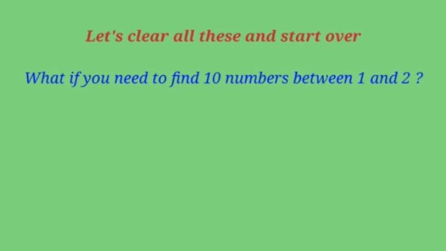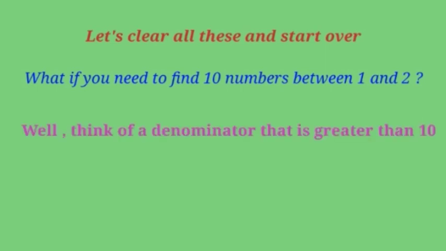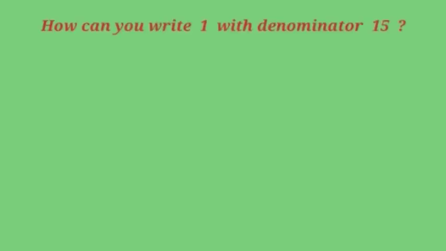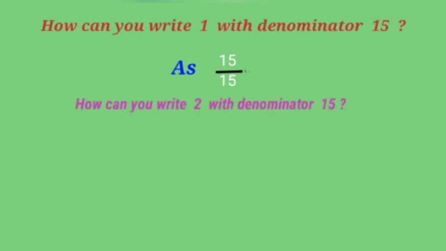What if you need to find 10 numbers between 1 and 2? Well, think of a denominator that is greater than 10. We can think of 15. How can you write 1 with denominator 15? As 15 by 15. 15 by 15 means 1.